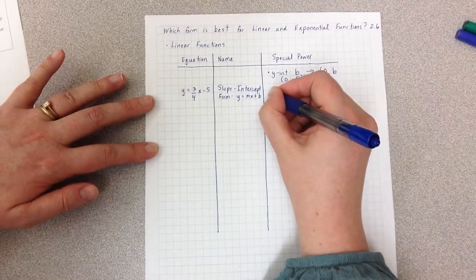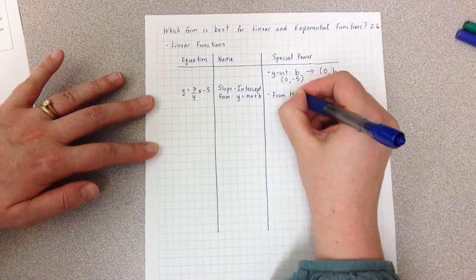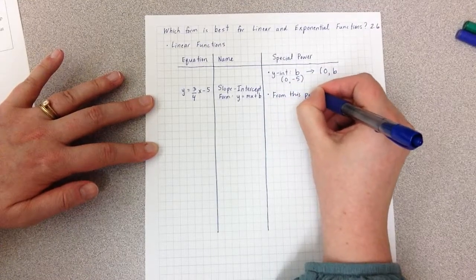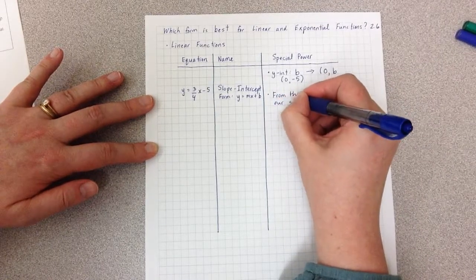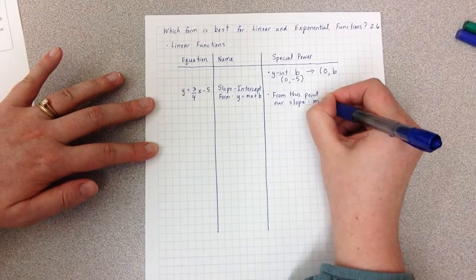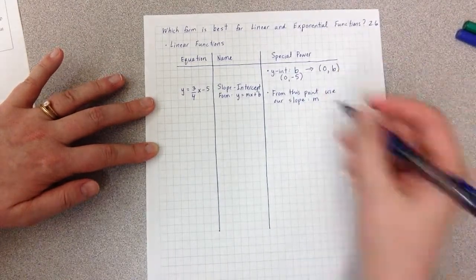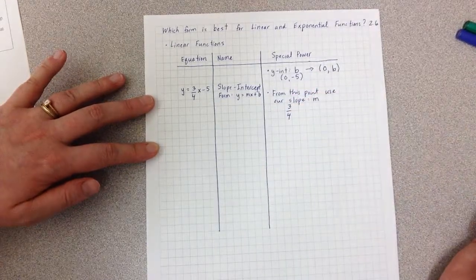We then, from this point, use our slope, which is the letter m, which in this example is 3/4.